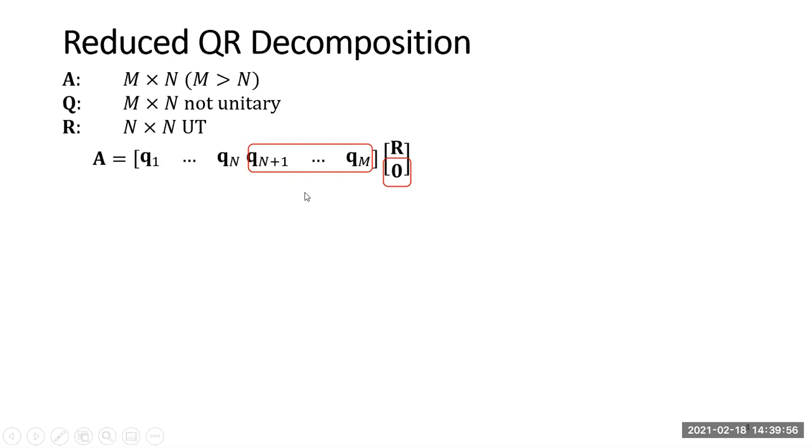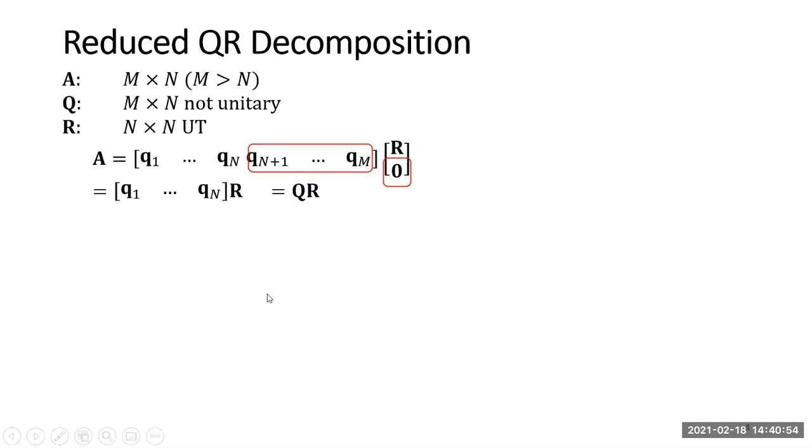These columns of Q are redundant, so we can simply drop them and write A equals the first N columns of Q, Q1 through Qn, times R. Now this Q is not the original unitary matrix, it's a new M by N matrix, a tall matrix, the same size as A, and this is R. I'm dropping all these zeros here, and I've dropped from the original unitary Q the columns n+1 through m, as in misery.